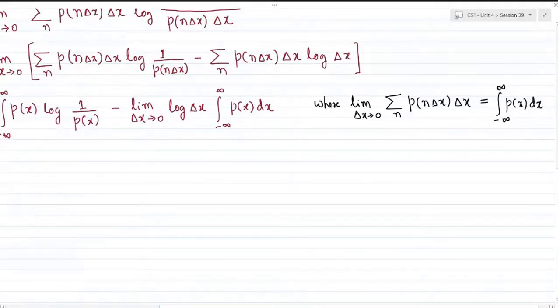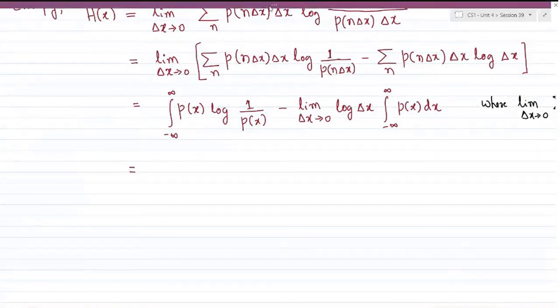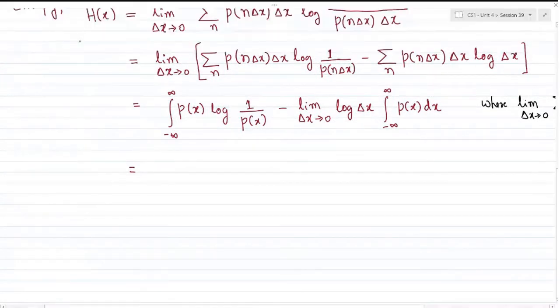So delta x is retained simply as dx in the integration part, and for a small value of delta x and for all values of n we have just replaced the summation with an integration for a continuous random variable. All right, so continuing the definition of entropy.